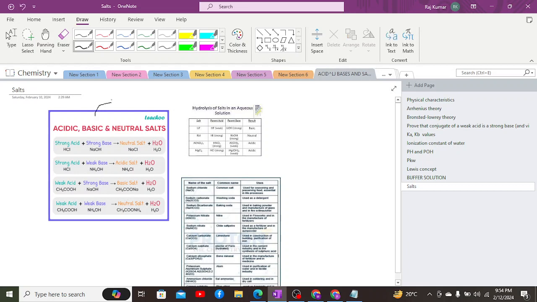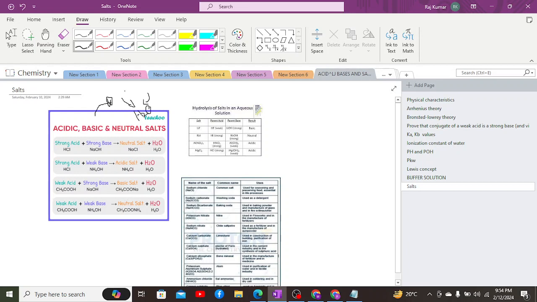It is an ionic compound which is produced as a result of a neutralization reaction between an acid and a base, such that when an acid and base react, they release their acidic part H and their basic part OH, and this H and OH combine together to form a molecule known as H2O.